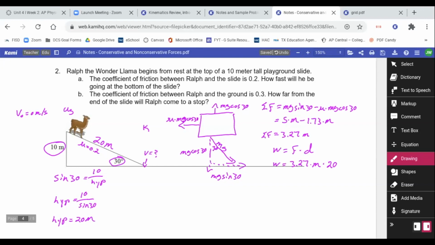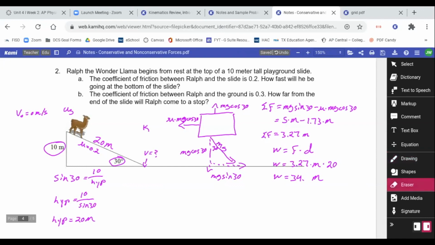1.73 times 20, 34.6. Yeah, 34.6. Work equals 34.6, let's say m, because it's still times mass. Yes. 3 times 20 is 60. What is going on with my... Oh, you know what? I'm typing in 1.73 again.